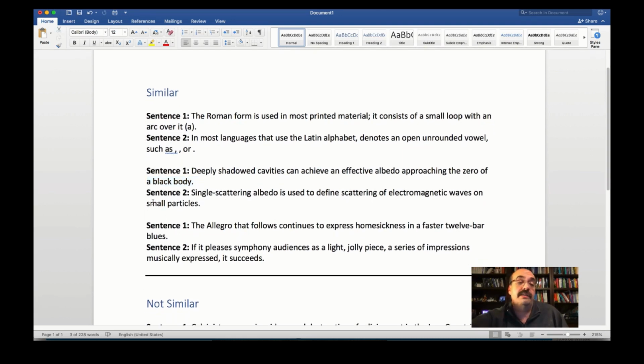But those are similar sentences. So they would have had a 1. That would have had a 1. The allegro that flows continuous to express homesickness is faster 12-bar blues. Maybe talking about music. If it pleases symphony audiences as a light, jolly piece, a series of impressions musically expressed succeeds.